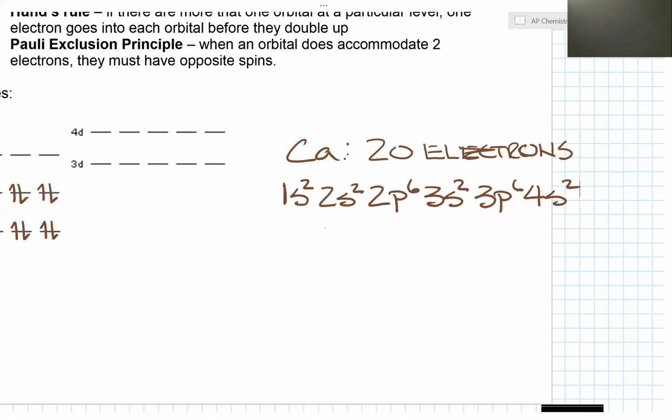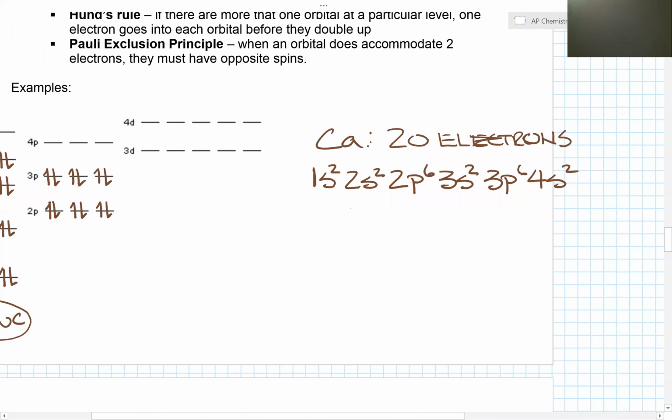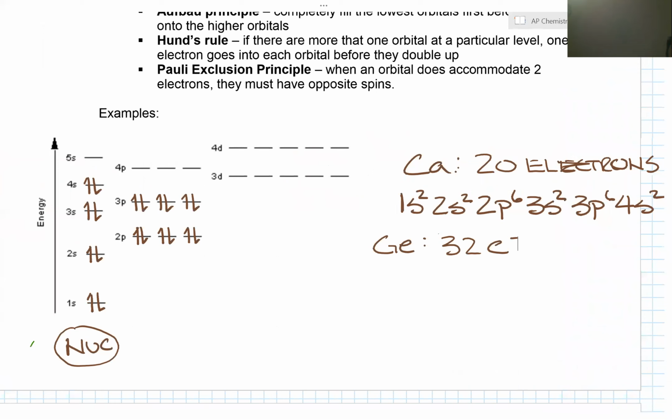All right, we can try another one. Let me see if I can find one off the periodic table. So let's do germanium. Germanium has 32 electrons. So again, we have to have 32 arrows.